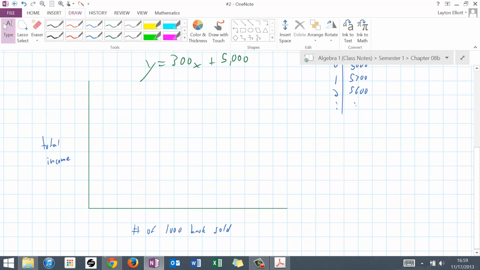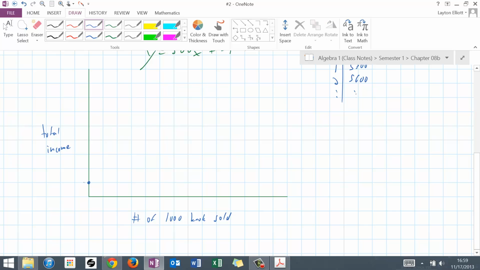My first point was 0, 5,000. I'm just going to stick that here, and we're going to label that 5,000, and that's 0 books sold. I'm going to stick my little break line in there again because I'm skipping from 0 to 5,000, but my next step is going to be 5,300, 5,600, 5,900, 6,200.